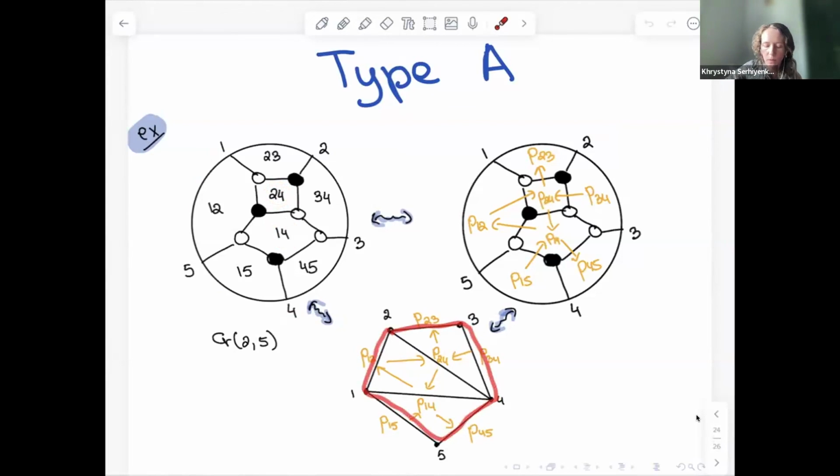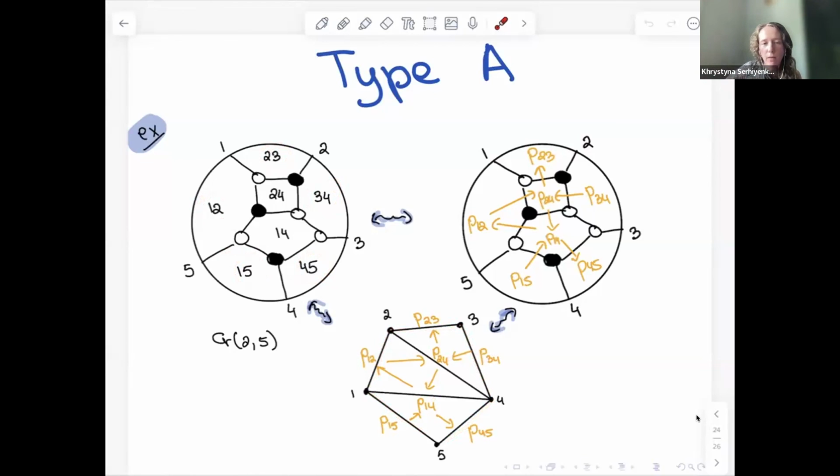So here's my pentagon, 5 vertices on the boundary, and the 24 corresponds to the diagonal with edge labels 2 and 4. 14 gives me this other diagonal. You see they are non-crossing because indeed they are weakly separated, and this gives me a triangulation of my pentagon. And you see these boundary faces, these frozen cluster variables, they correspond to the boundary edges of the polygon. So 23, 34, 45, 51, 12. So that's my frozen variables. And on the inside, we have the mutable ones corresponding to the actual diagonals in the polygon.